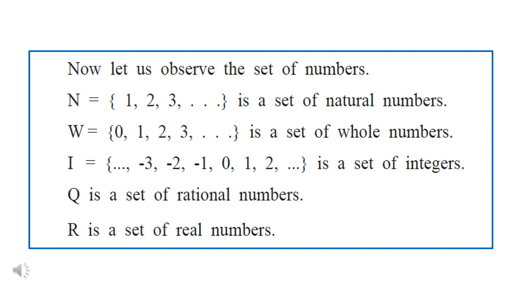Therefore, when I am writing a set of integers, you will see left hand side also I have 3 dots and right hand side also have 3 dots, because both sides the numbers can go on extending till infinity. Okay, so do not forget, whenever you write set of integers, 0 has to be there. Next, Q is the symbol used for set of rational numbers and R is a set of real numbers.